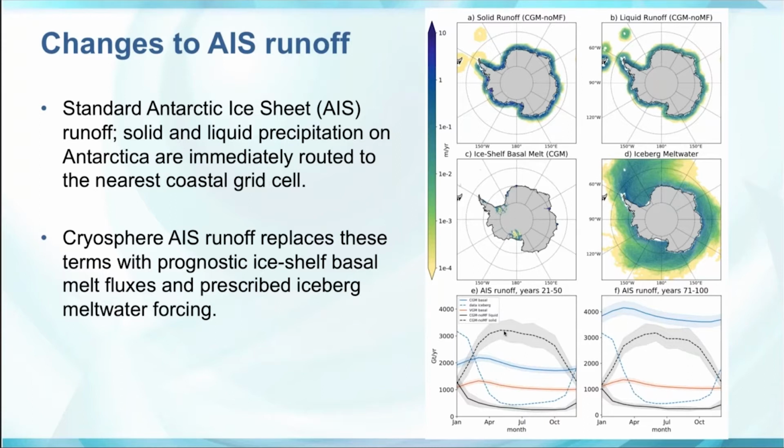You see most of the runoff is happening during austral winter as storms snow onto the continent, whereas in particular the iceberg meltwater forcing has a strong seasonal cycle where most of that melting actually occurs in the austral summer.